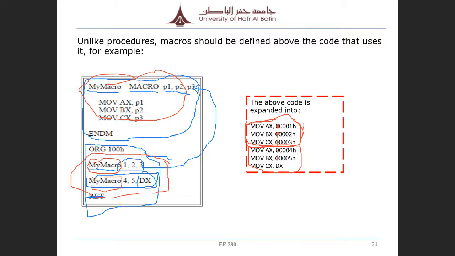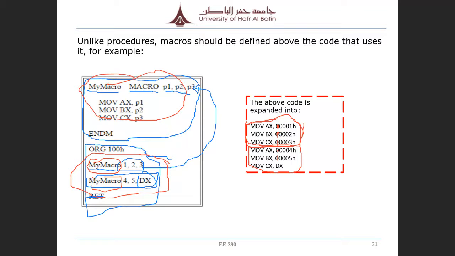You define it in my macro, but in the main program, you can call this function many times. If you need 2 square, you call the function writing 2, and if you need 5 square, you call the function again writing 5, and so on. This is the way. So this is called a macro.